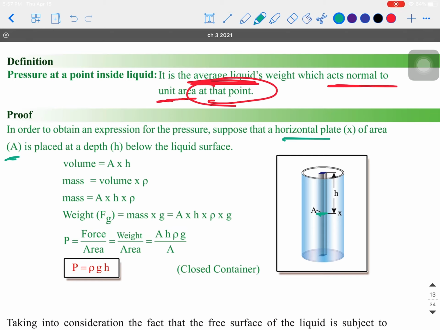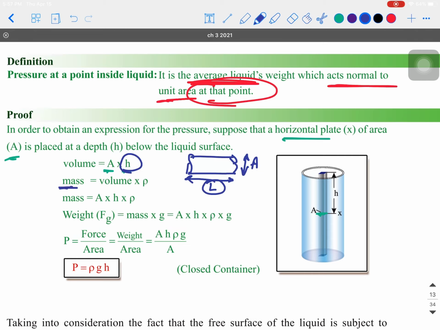Of course, we all know that the volume of anything is the area times height. For example, if we had a tube like this, the area times the length, and this length could be called a height.